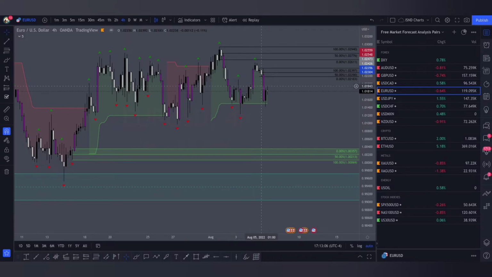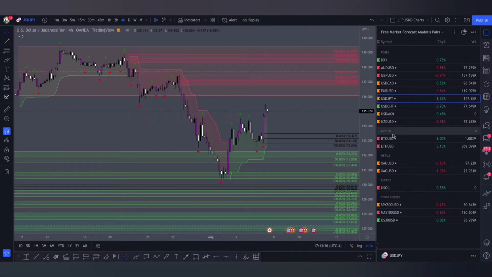So supply is currently, demand is currently, I'm sorry, I was right. For me, 4-hour supply is currently in the lead right now, is in control. So I will be looking for this pair to maybe pull up into any of these unmitigated 4-hour supplies to trade down.